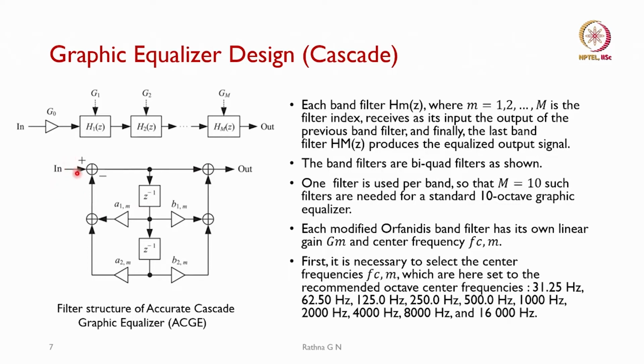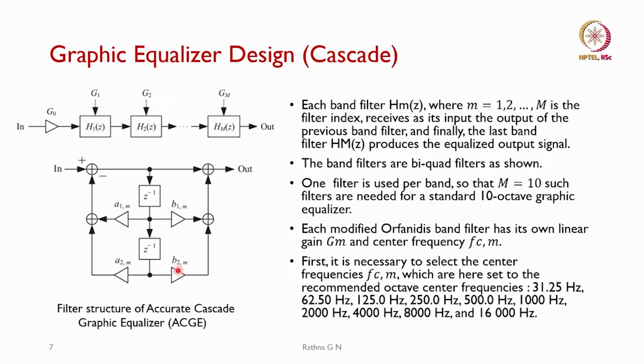This is the input, and this is plus and minus, this is the feedback path and this is the feedforward path. If you want to have a B0, you can give it, but most of the time it is going to be 1, that is why it has been removed, and then this is B1 comma m, where m will be varying between 1 to capital M. So, so many stages you can do concatenation, that is, cascading.